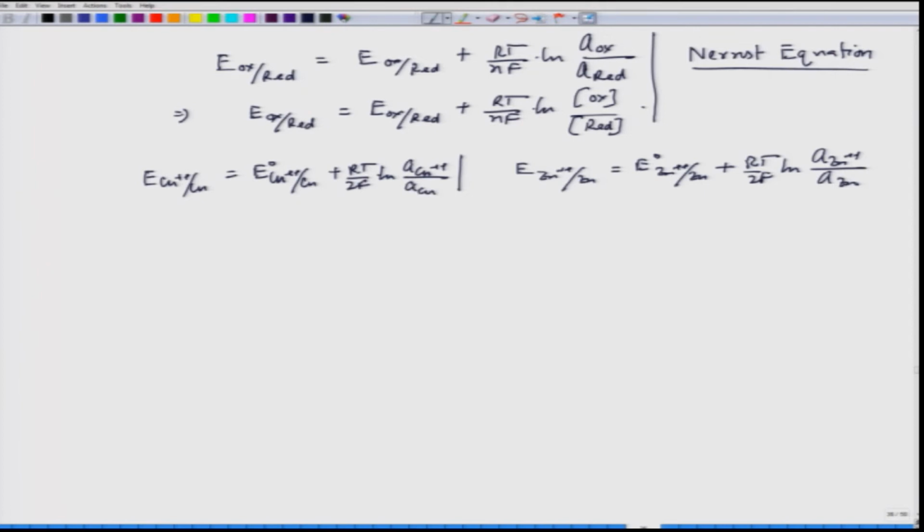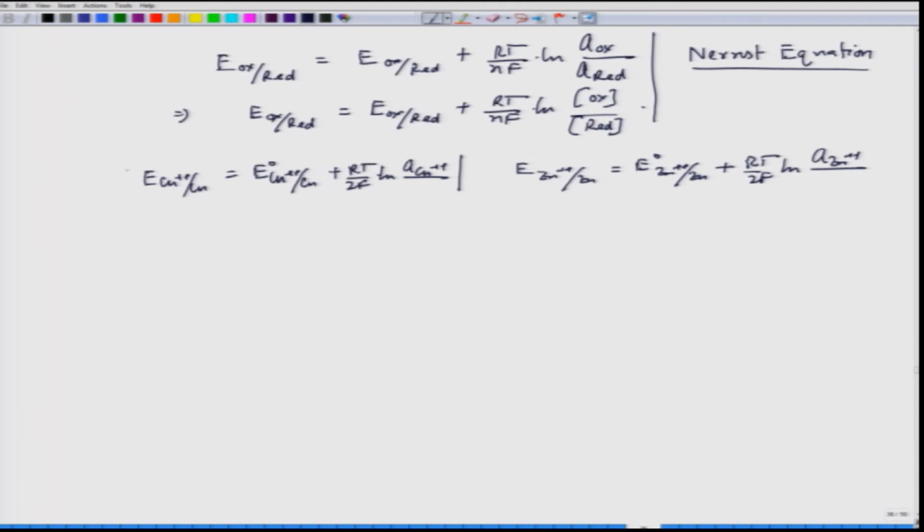Since we know that copper is pure and zinc is also pure in the metal part, this goes to 1, this goes to 1. So, then we are getting only this term and only this term.